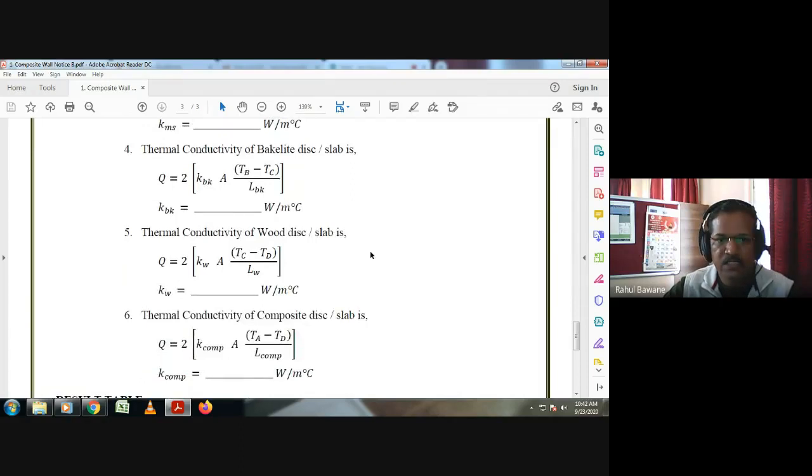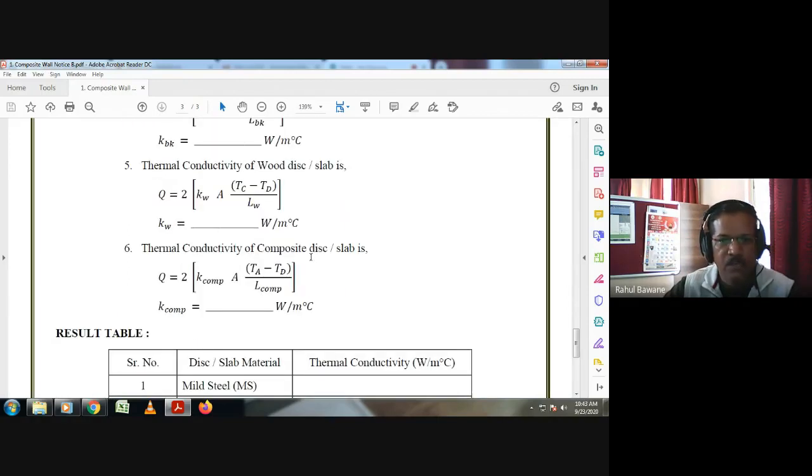Repeating the same for the wood disc, we will identify the thermal conductivity of wood. For this we take the temperature difference between the inner surface of wood, TC, and the outer surface of wood, TD. And for the composite wall we use Q is equal to twice, because there are two composite walls, on the top side MS, bakelite, wood, and on the bottom side again MS, bakelite and wood.